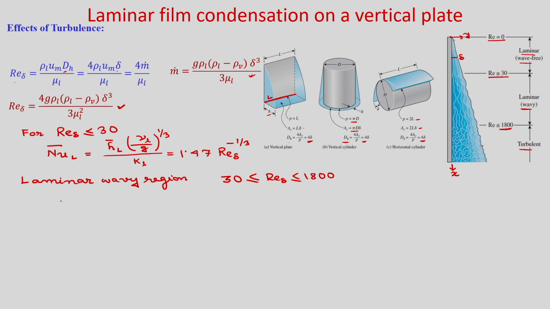So, this you can use as H bar L, nu L square by g to the power 1 by 3, divided by K L, as Re delta divided by 1.08 Re delta to the power 1.22 minus 5.2.